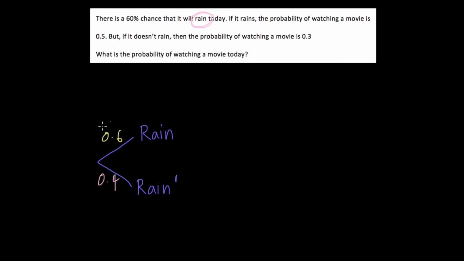Okay, so we have this first part settled. Now let's continue. If it rains, we're looking at this outcome. If it rains, the probability of watching a movie is 0.5. Again, we have two branches. The first one is watching a movie, and the other one is the complement of watching a movie, or not watching the movie.